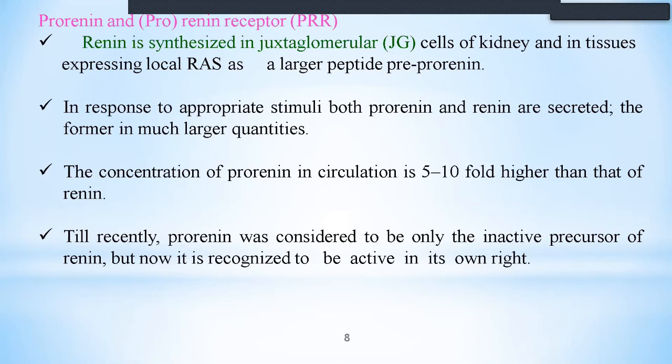Prorenin is very active in response to the appropriate stimuli. Both prorenin and renin are secreted, but prorenin is much higher in quantity. The concentration of prorenin in circulation is 5 to 10 fold higher than that of renin.